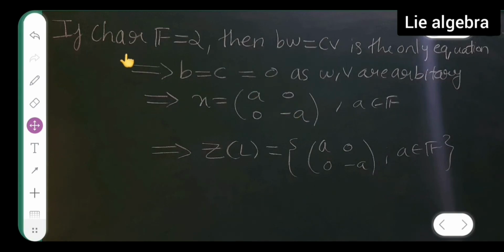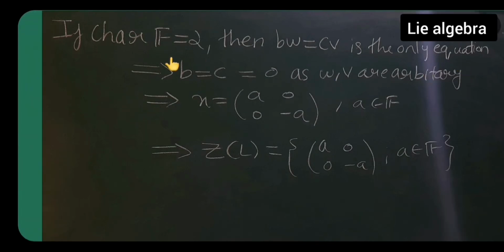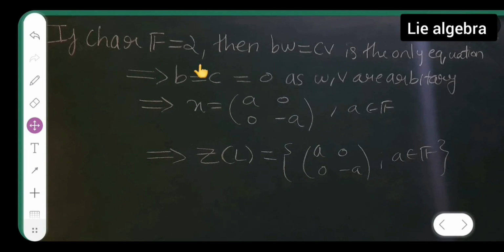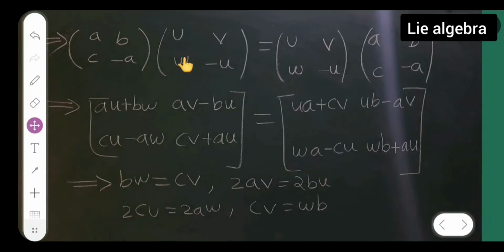If the characteristic of F is equal to 2, then BW is equal to CV is the only equation. Now we have taken this BW is equal to CV, right?